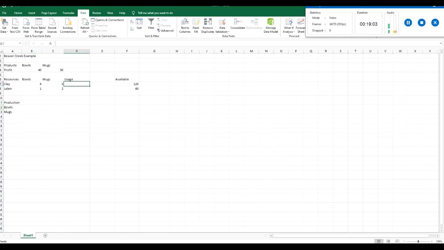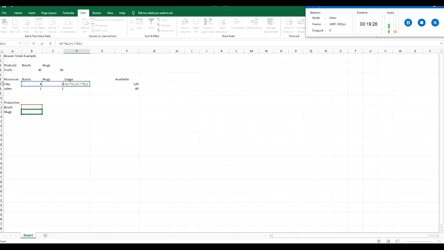So this is where we have to enter some equations in. The first equation, like I just said, is equal to the clay per bowl times the number of bowls plus the clay per mug times the number of mugs.